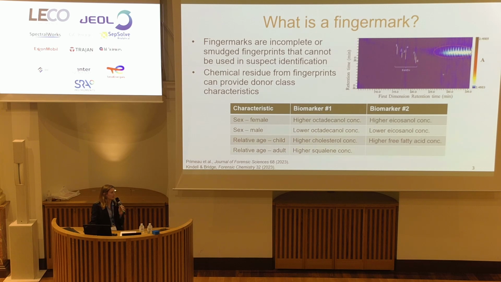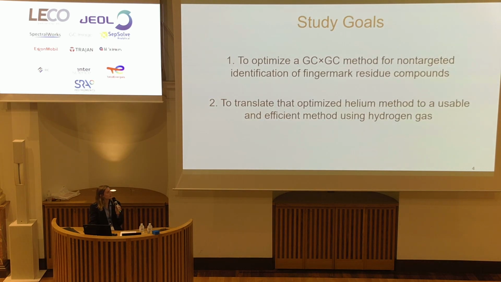So I am interested in performing a non-targeted analysis using GCxGC for profiling of chemical residue from fingermarks, and also translating that method using helium gas to an efficient method using hydrogen gas.